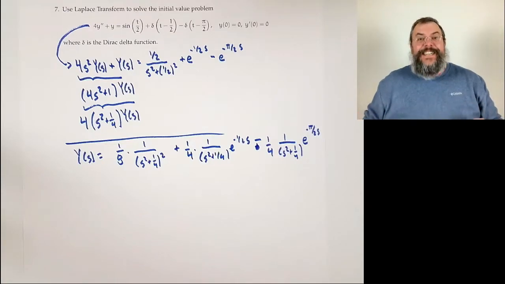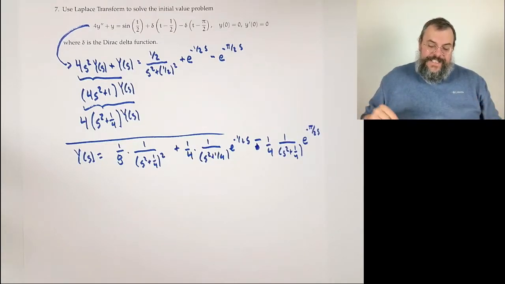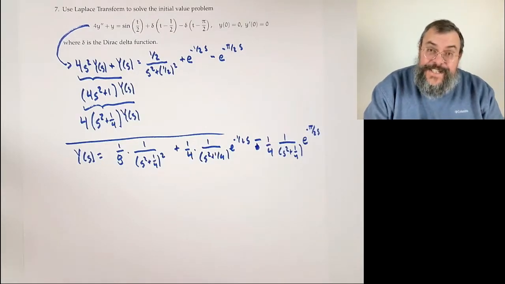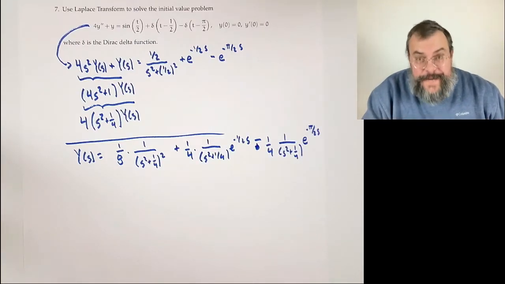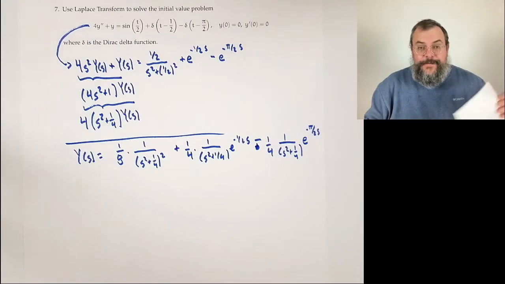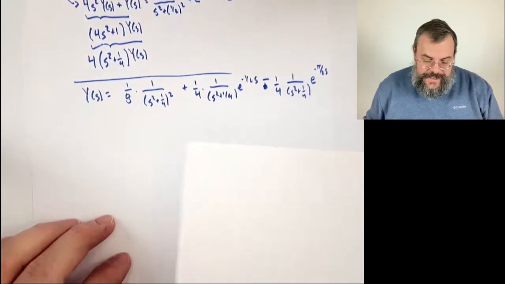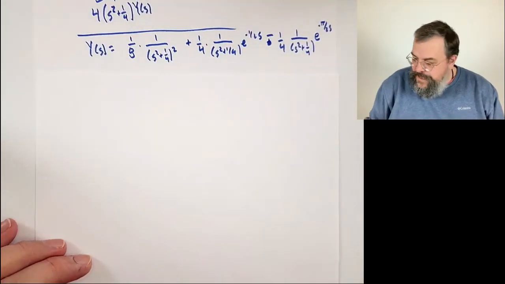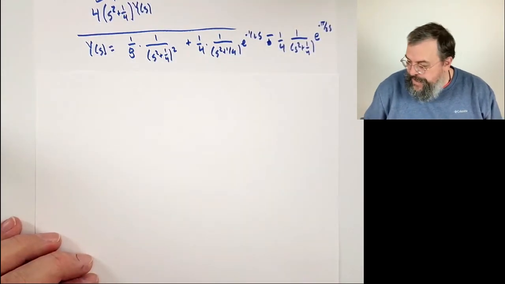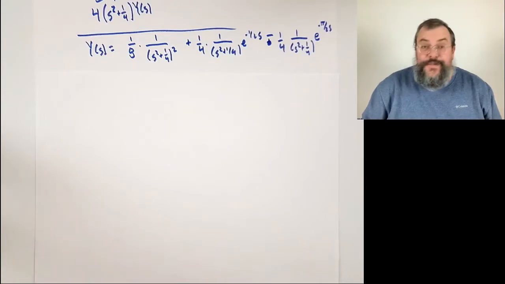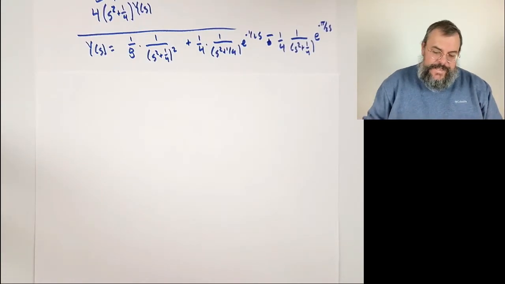That's not good for us. So we're going to bite the bullet here and try to figure out what the inverse Laplace transform of that beast, if you will, should be.